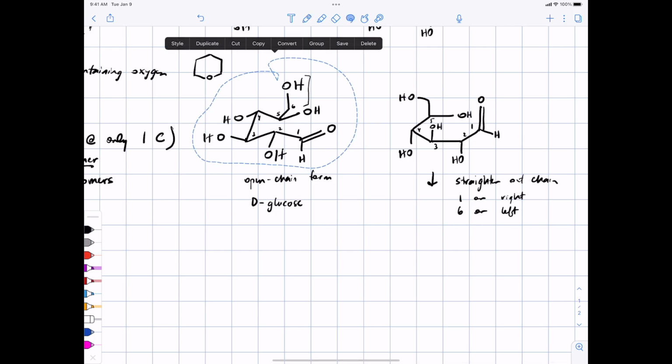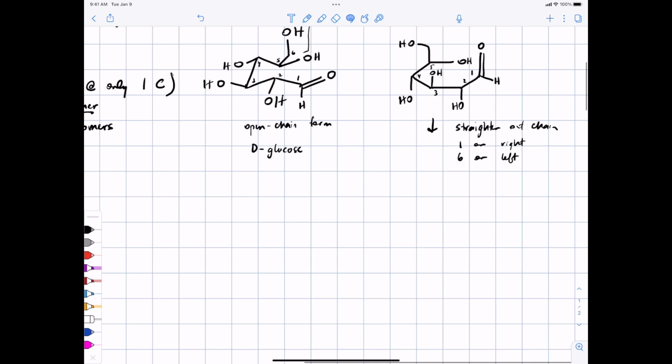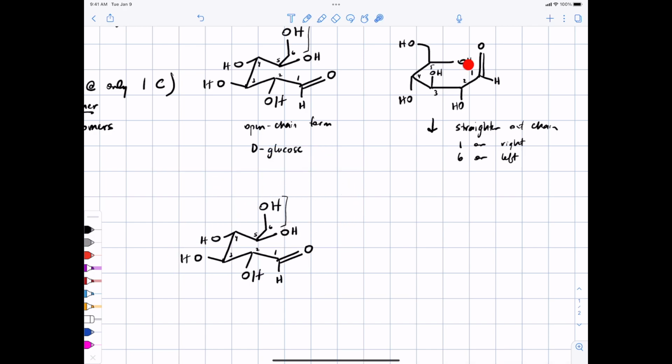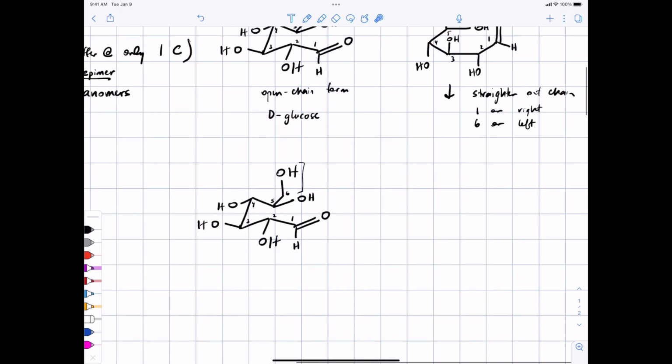Actually, that's where we're going, but before we get there, as I said, we want carbon 6 to be on the left. If we straighten things out, carbon 5 would be on the left and carbon 6 would be pointing upward.